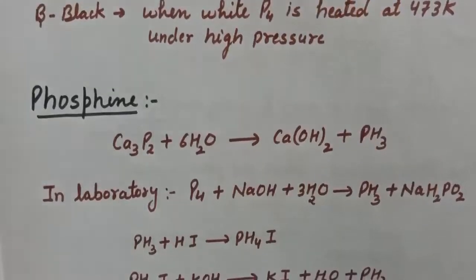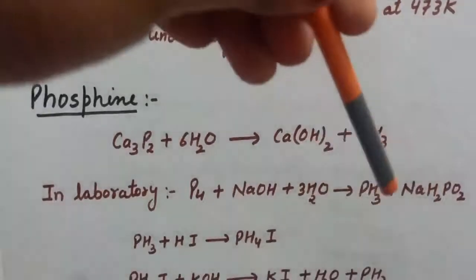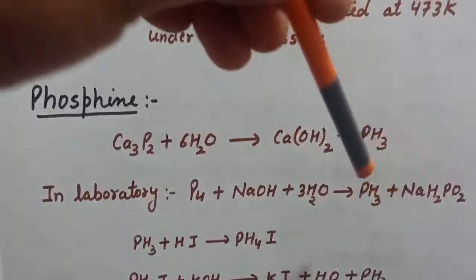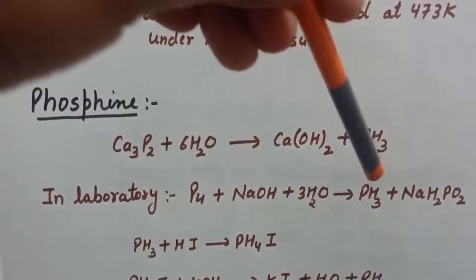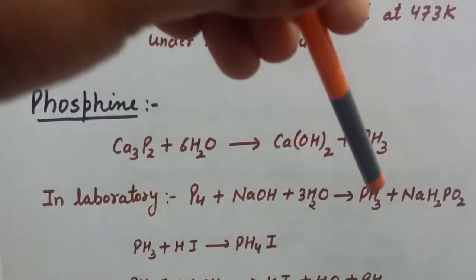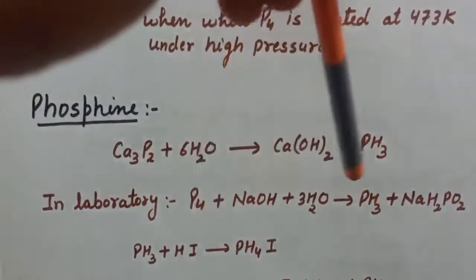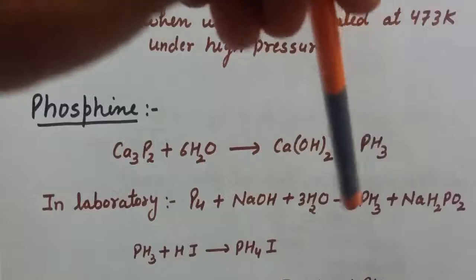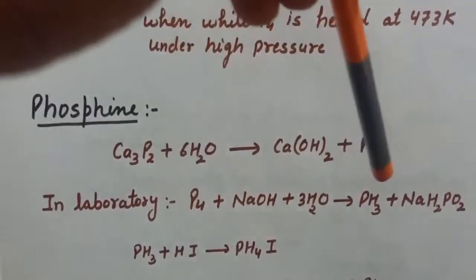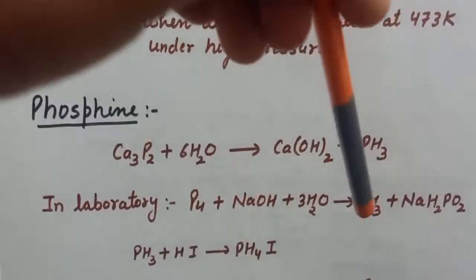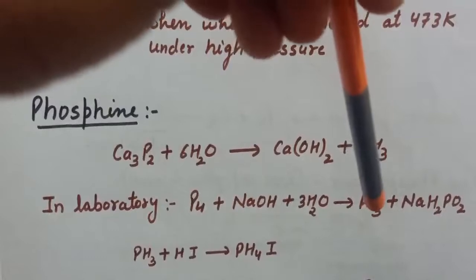Now when this PH3 is pure, it is not inflammable, but it becomes inflammable due to the presence of P4 vapors. So during this preparation, if any amount of P4 is present in phosphine, it will become inflammable.